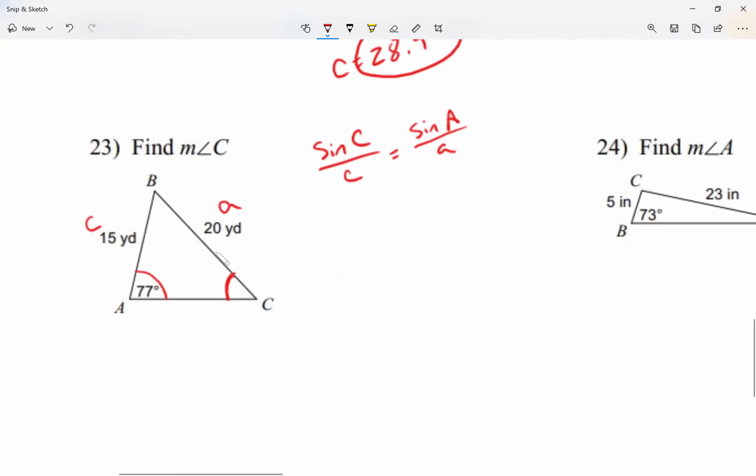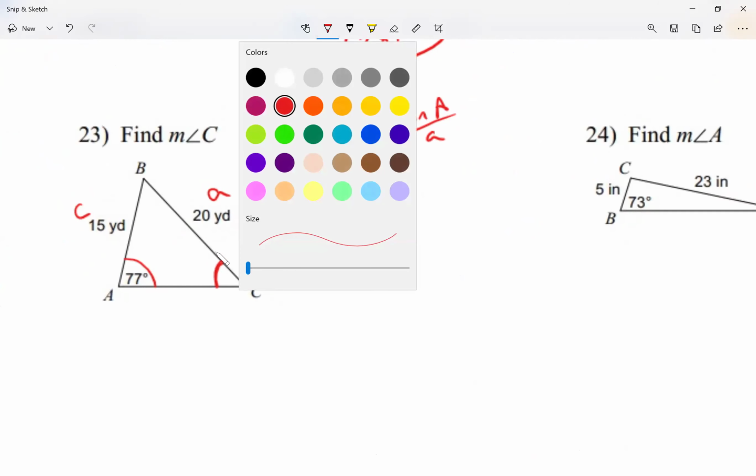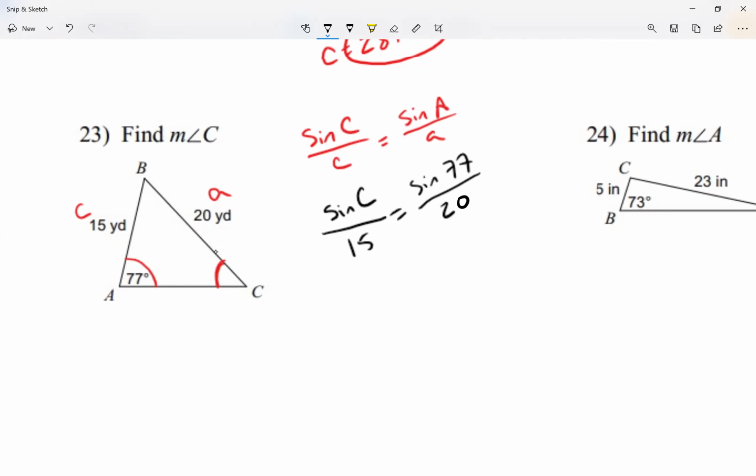Okay, so now let's take a look here again. So what do I have? I have the sine of angle C divided by 15 is equal to sine of 77 divided by 20.